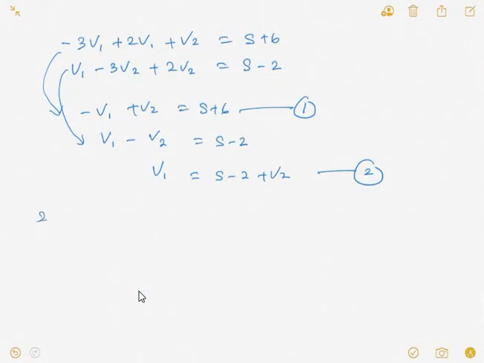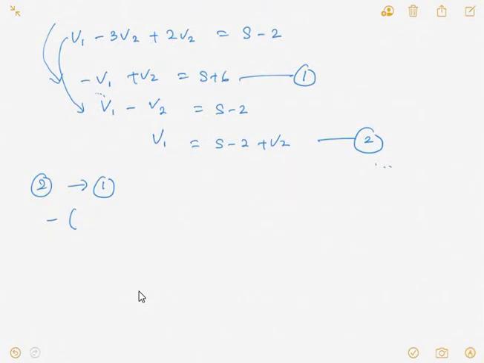Then you substitute equation 2 into equation 1. You substitute the value of v1 into here. So you have negative (s minus 2 plus v2) equal to s plus 6.